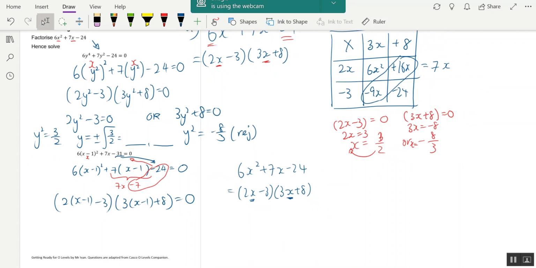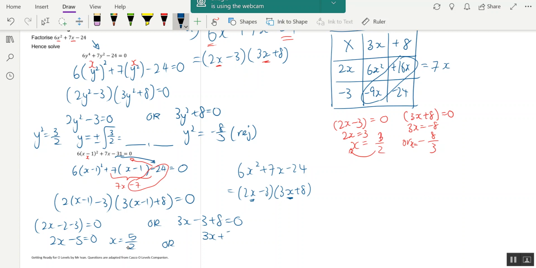So this means that my left bracket, 2x minus 2 minus 3 equals 0, or 3x minus 3 plus 8 equals 0. So this means that 2x minus 5 equals 0, x equals 5 over 2, or 3x plus 5 equals 0, x equals negative 5 over 3.